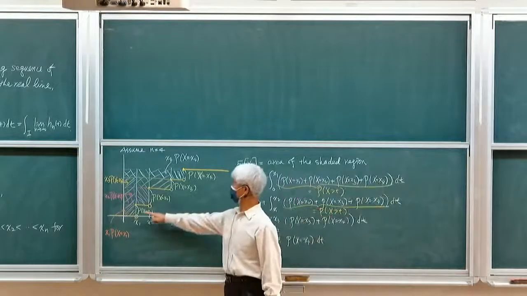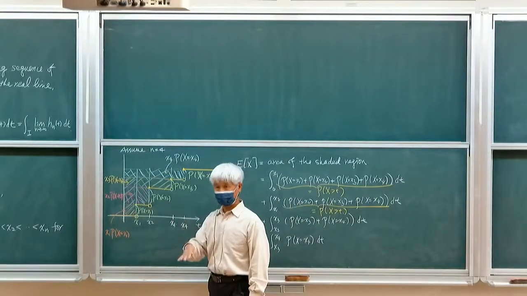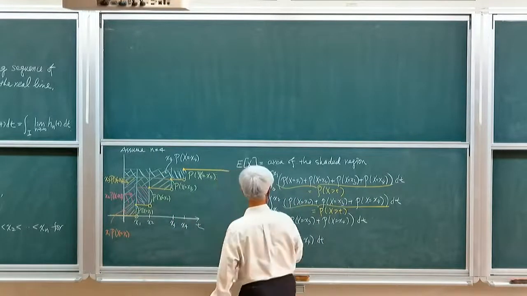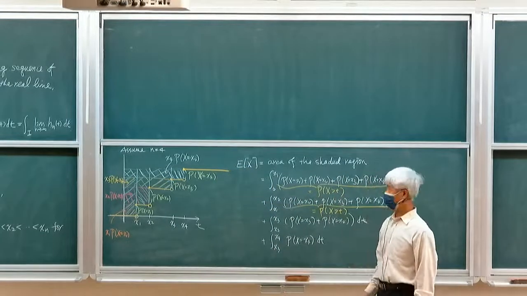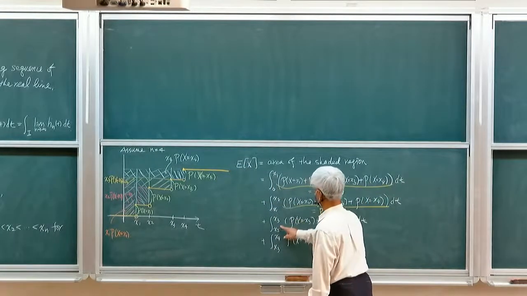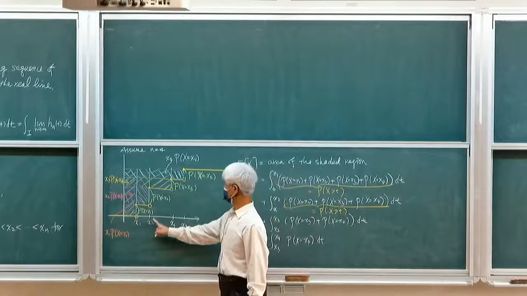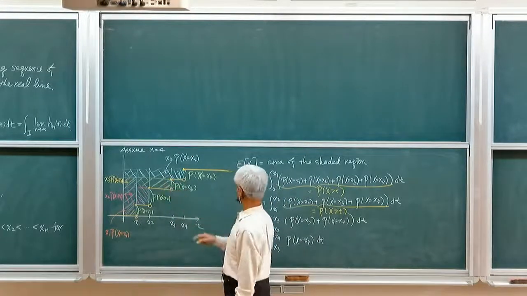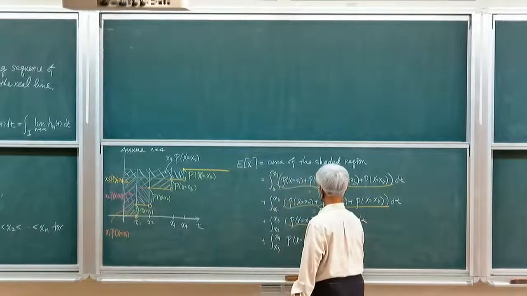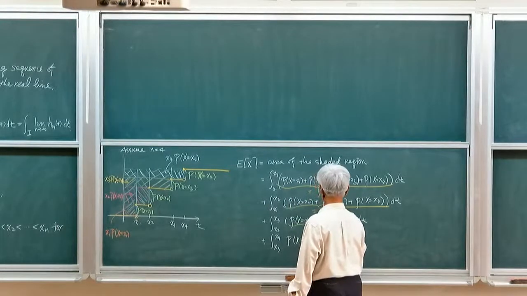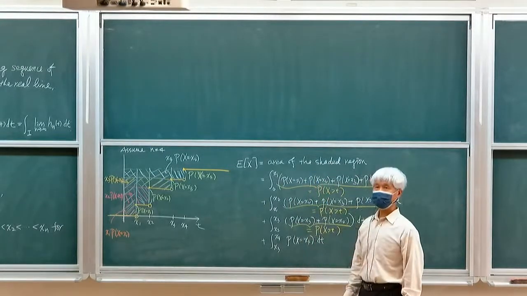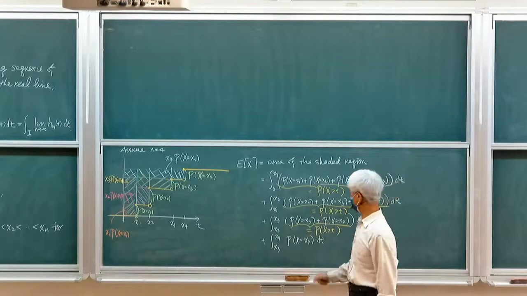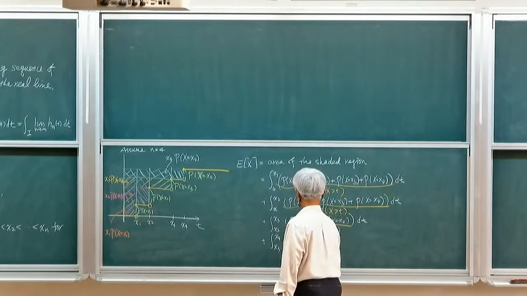So that jump is left behind. Similarly, from x2 to x3, the height is equal to the probability of X greater than t, and finally this is also equal to X greater than t.